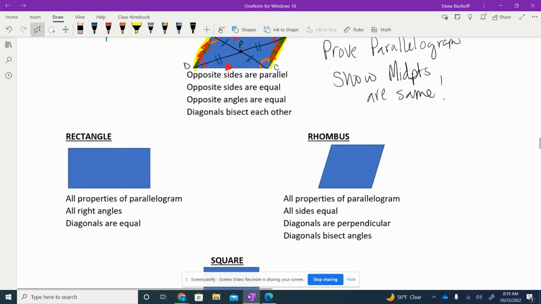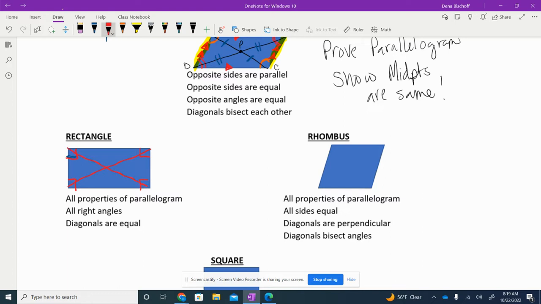A rectangle is a parallelogram, and so it has all the properties of a parallelogram, on top of that, rectangles have four right angles. The diagonals are congruent, or their measures are equal.